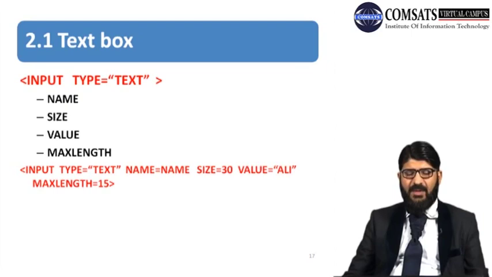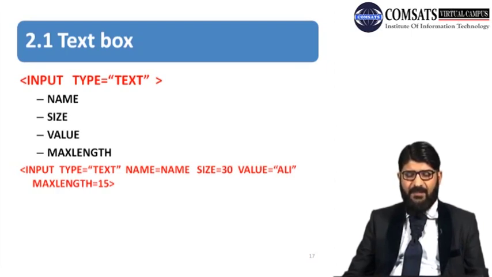So you will mention the size for how long your value will be inside that text. The maximum size can be this much, and the minimum will be less than that size. If you have mentioned a size of 15, then it can be 8, it can be 10, but not more than 15. Then value: in value you mention what type of value you want to take in the text, and then the maximum length for that particular type.